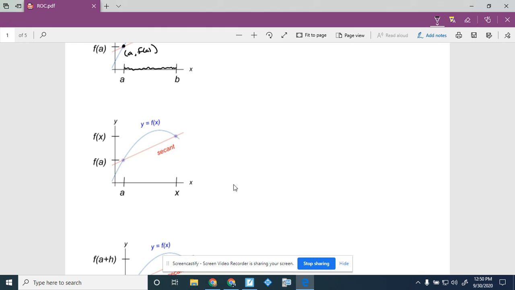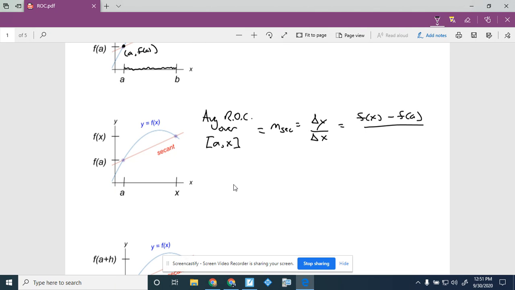If I want the average rate of change over the interval [a, x], it's still the slope of a secant line, still change in y over change in x. In this case, it's f of x minus f of a, all over x minus a. It's the same exact problem. I just labeled this point x instead of b.